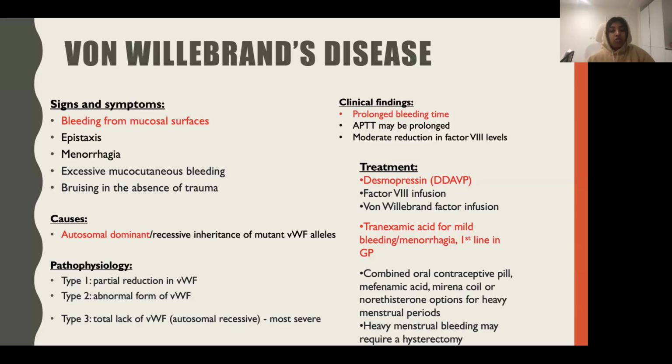You can use combined oral contraceptive pill for menorrhagia as well, or mefenamic acid, Mirena coil, all of those things. But if someone's having a bleed after von Willebrand, you would most likely use desmopressin.